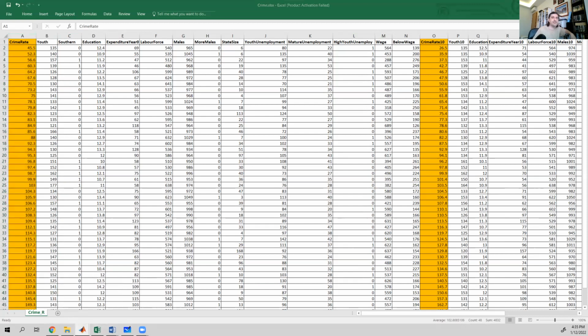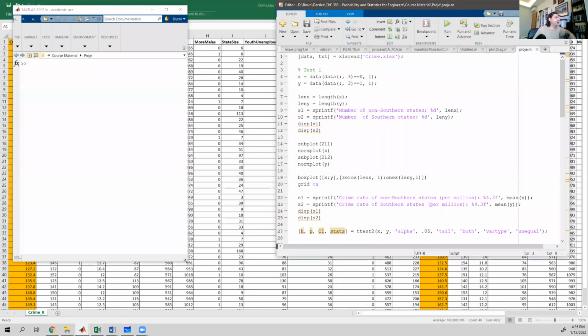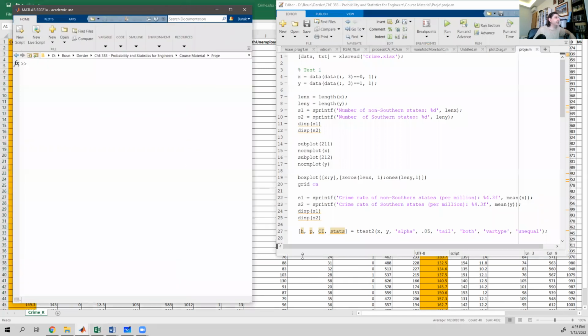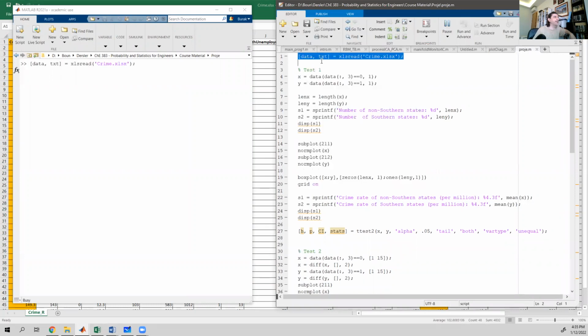So for instance, let's see. In my Matlab here, I have written some code. What you are supposed to do is indeed something like this. First, I take the data, it is crime.xlsx.